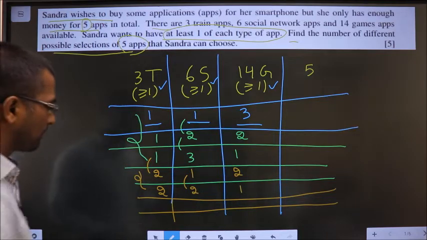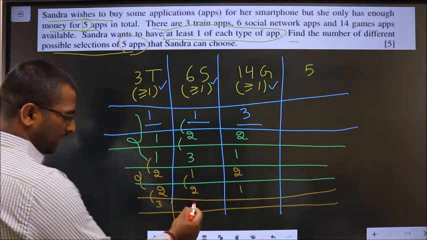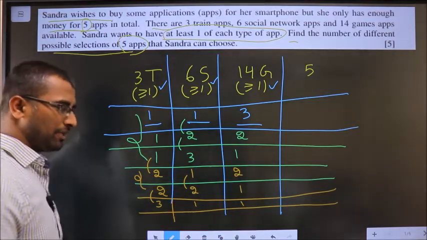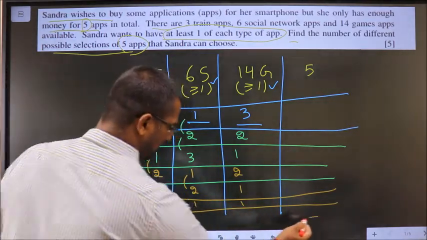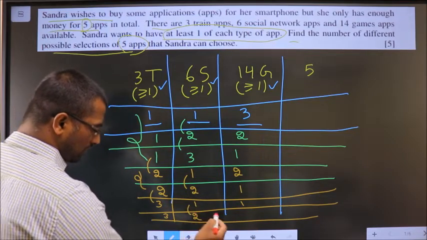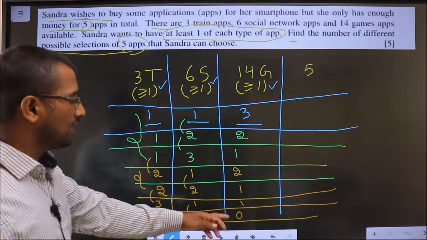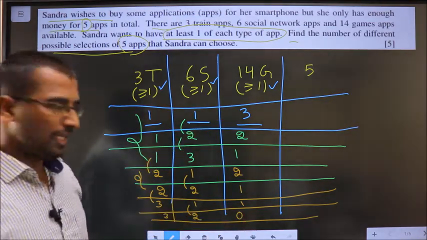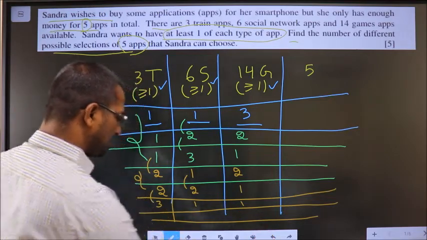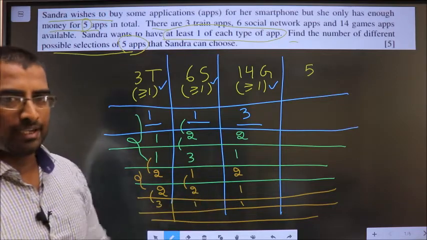Okay. Now, I will increase this number to 3. Here 1 and here also it has to be 1, then only the count will be 5. Next, if 3 here and I increase this to 2, 3 plus 2, 5, that means here it has to be 0. This does not satisfy the condition. From that, conclusion is with 3 only this one row I get.